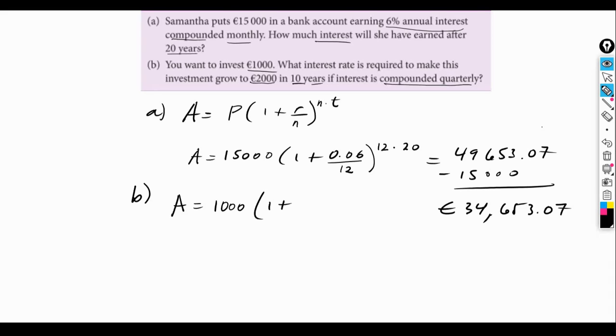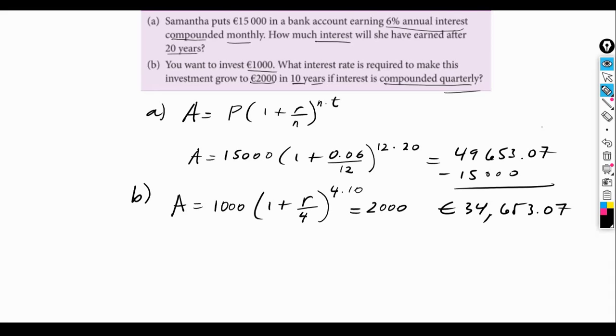So that would be r, divided by the number of times it will be compounded. It says quarterly, so that means every quarter, which is 4 times a year, so 4. And this to the power of 4 times 10. So the idea is, what interest rate do I need for this to reach 2,000 euros? So this is equal to 2,000.